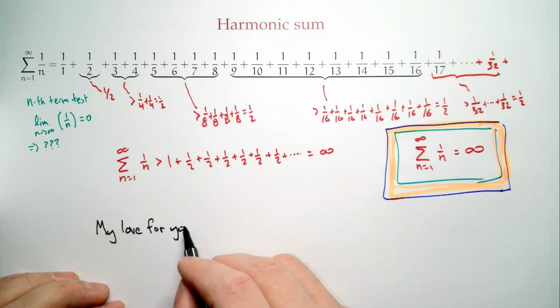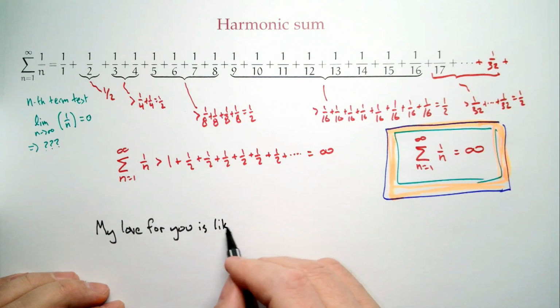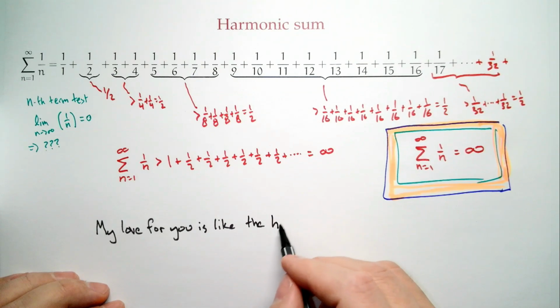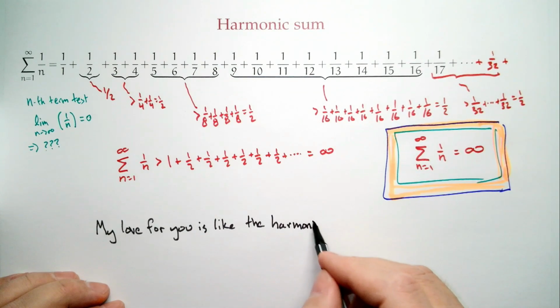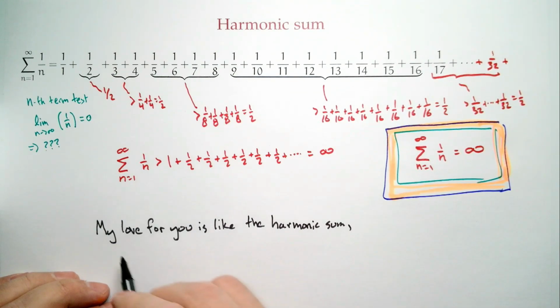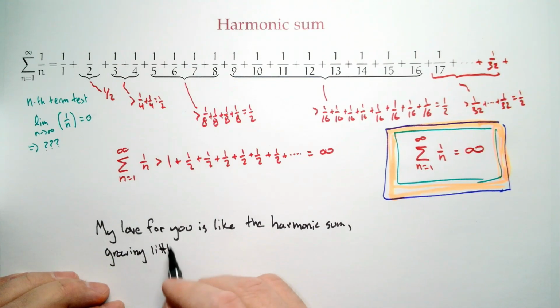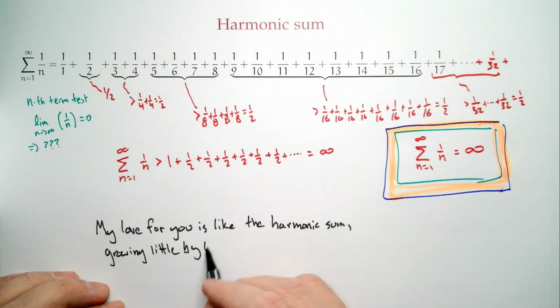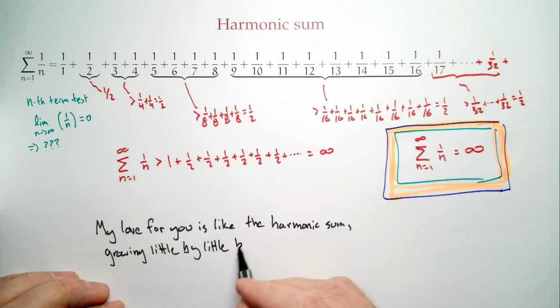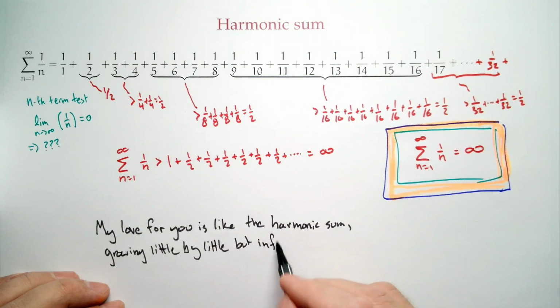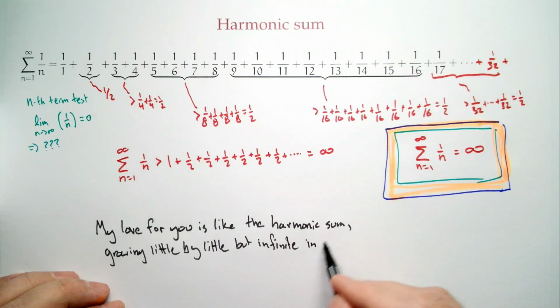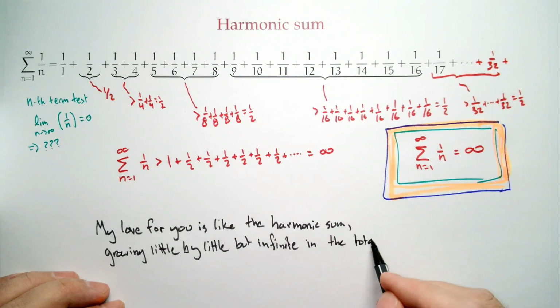My love for you is like the harmonic sum. And why is that? Well, growing little by little, but infinite in the total. Oh my gosh. See, if you need to, you can borrow this line.